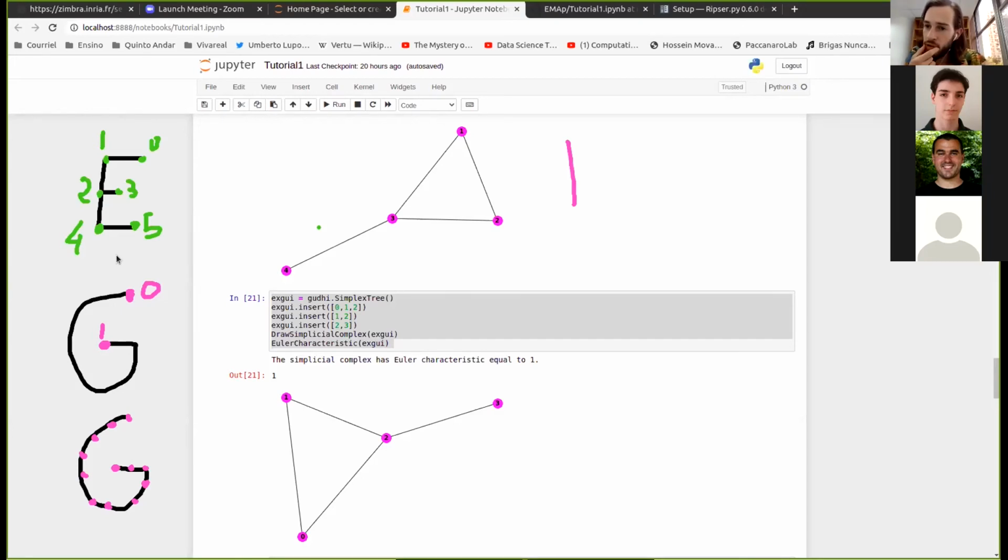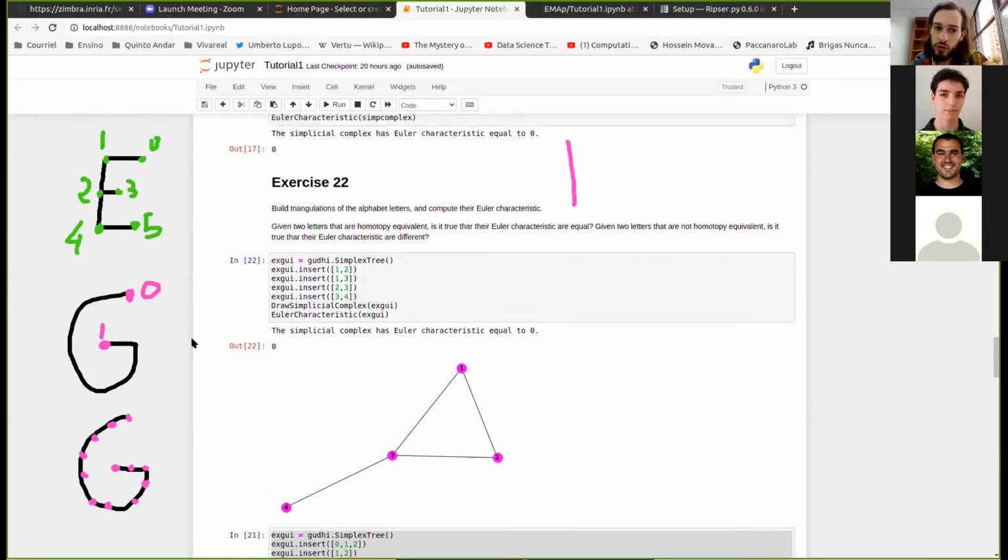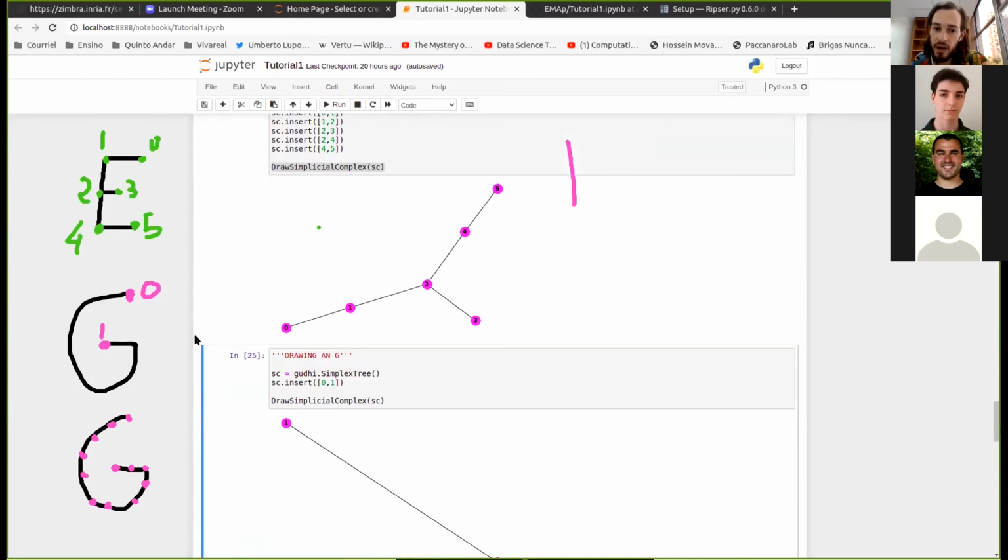But what I said is that you can also see it in R2, because I am able to draw E in the plane without crossings. So you can also see the topologicalization in the plane. You do not have to go into R6.